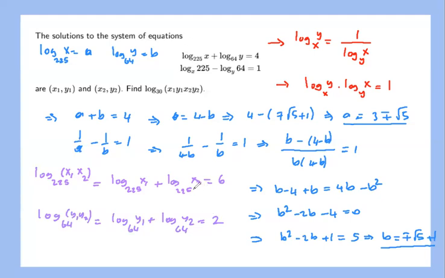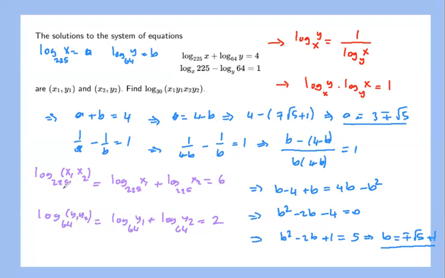Okay, so we have those, but what does this look like? This is equal to this guy, right? So if you rewrite this in exponential form, the log with base 225 of the product is equal to 6.